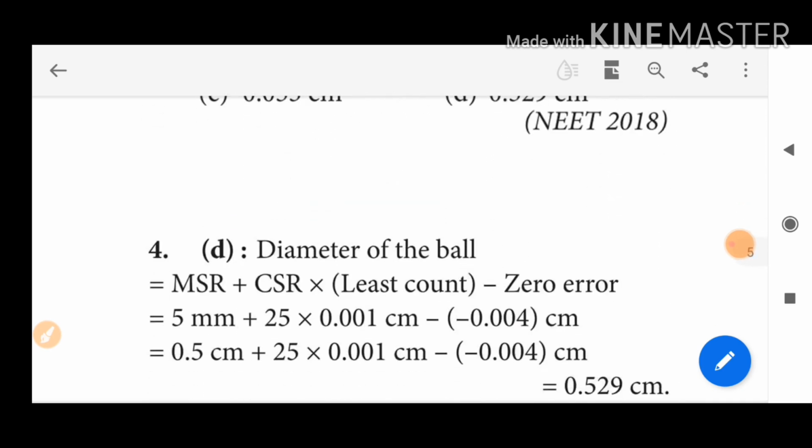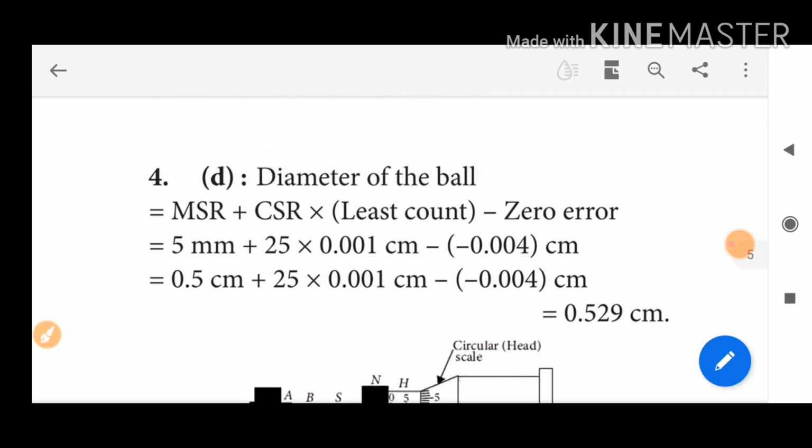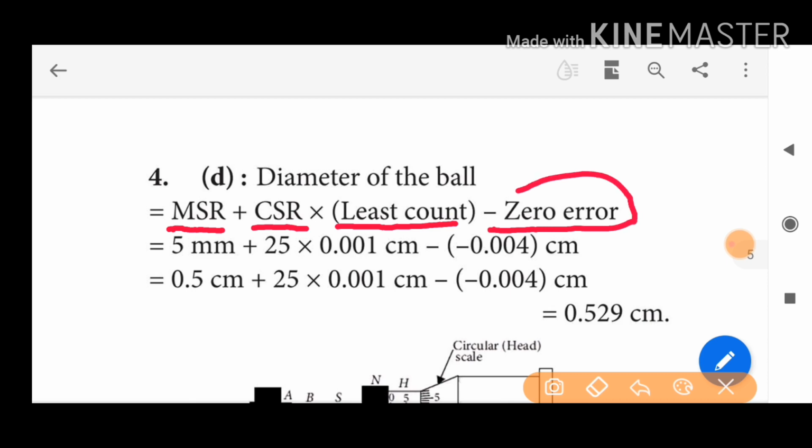You have to put the ball at this point and measure the diameter. The diameter of the ball equals main scale reading plus circular scale reading into least count, minus whatever the error is.